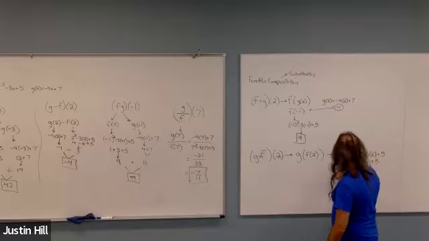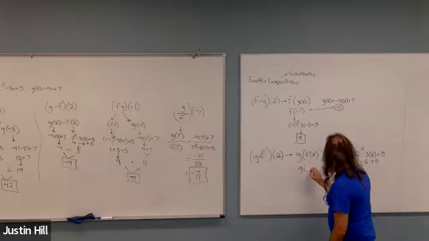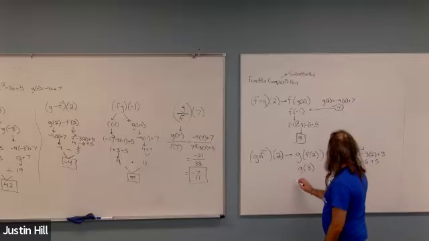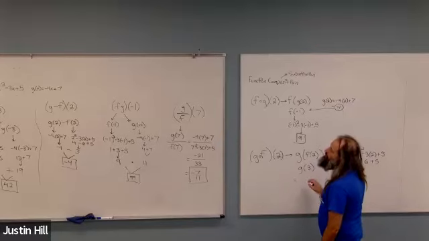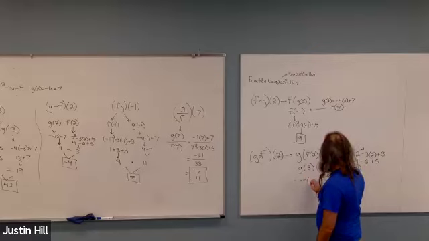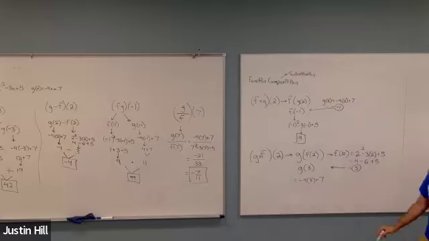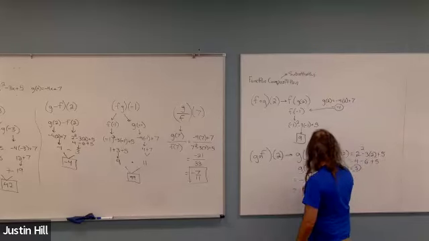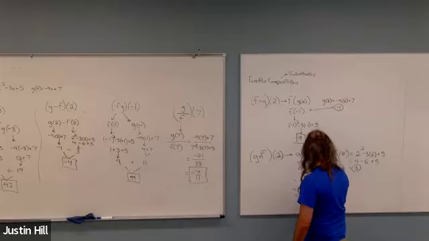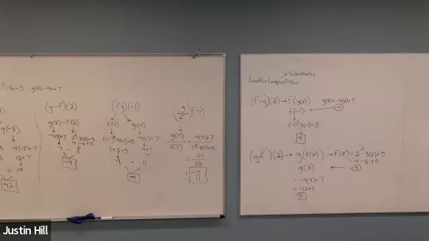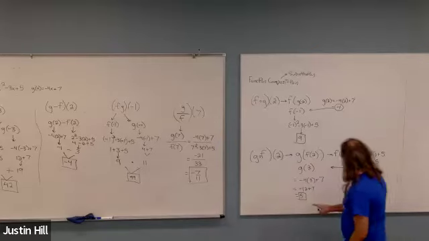Then we plug that back into G. Now we're doing G of 3. G of 3 is negative 4 times 3 plus 7, and what did y'all get? Negative 5.